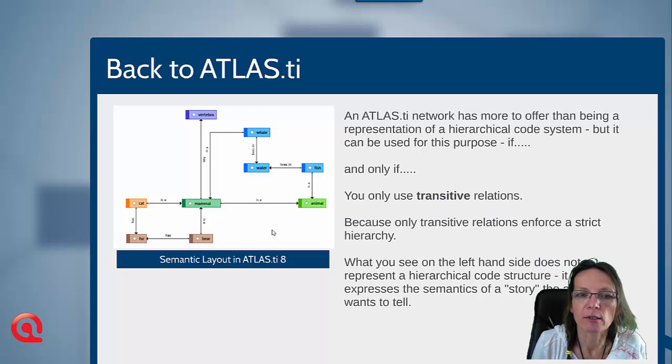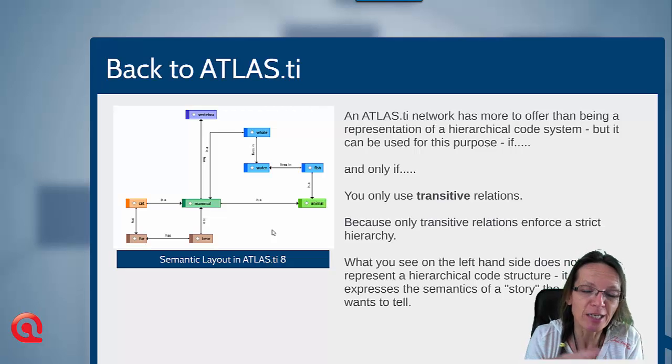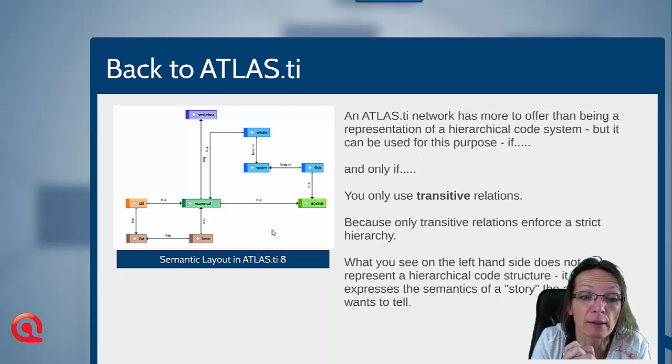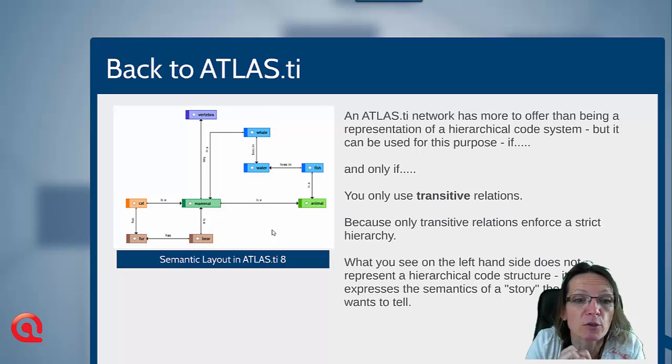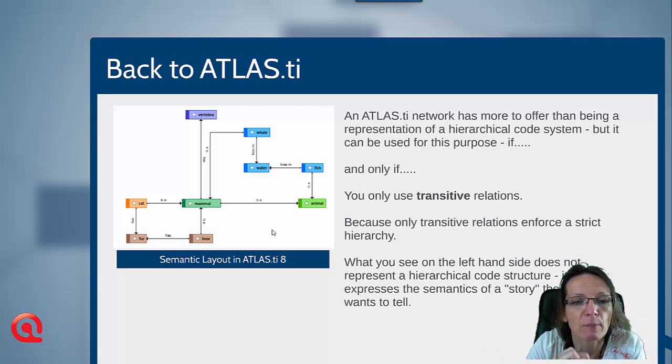So I hope this video has shown you the difference between a hierarchical coding system when using the network view function, and I usually would not leave the codes like that because they are not sorted in alphabetic order by their group.